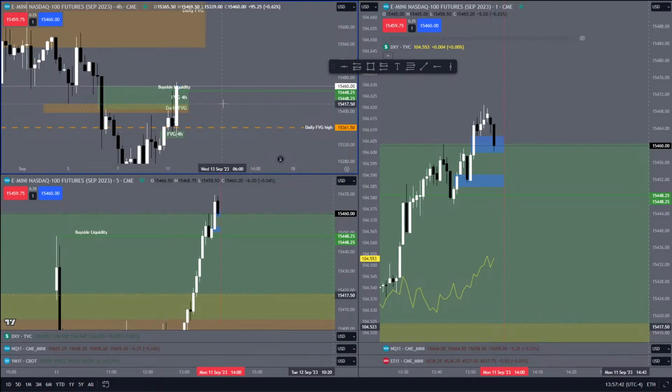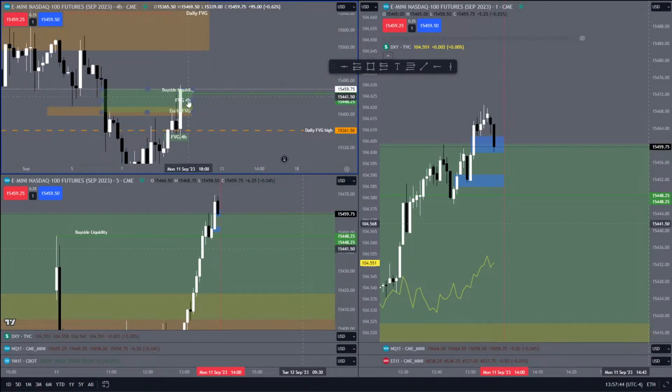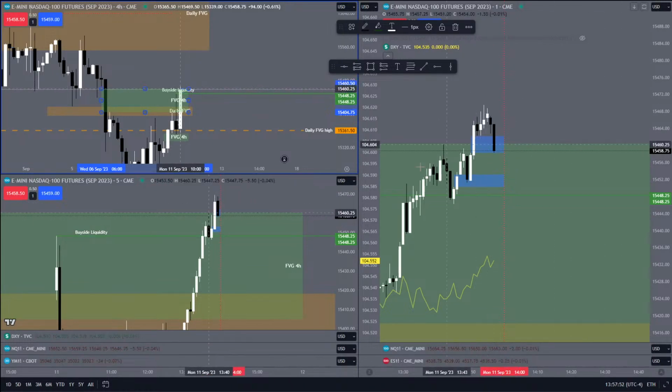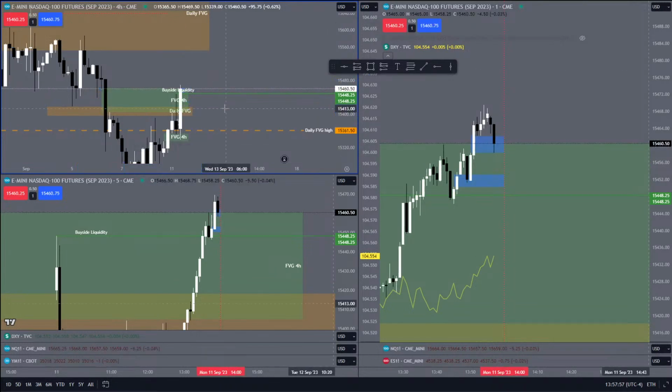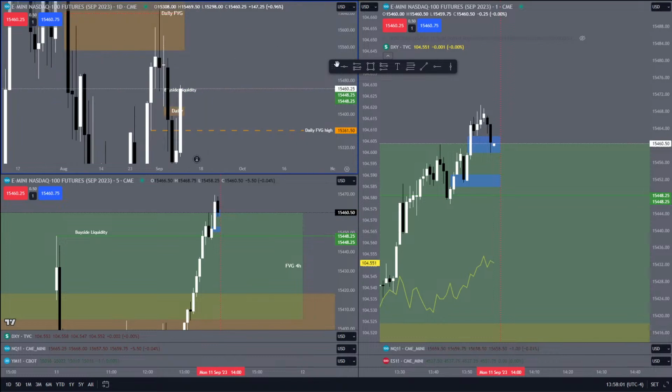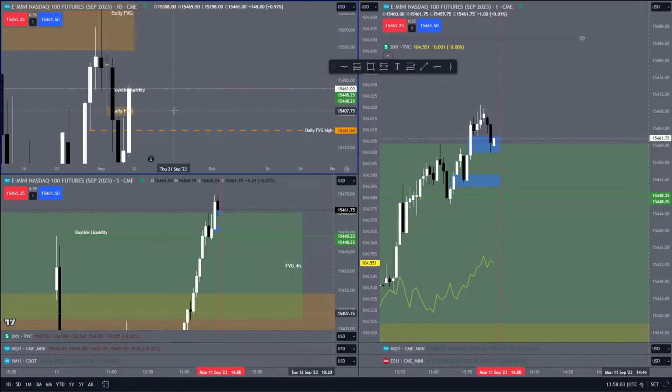The 4 hour, peeking our head just above this 4 hour fair value gap. Closed above it on the 5 minute and the 1 minute. We're coming back down. The daily.